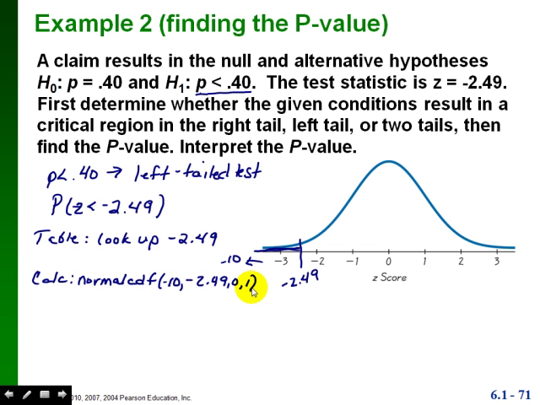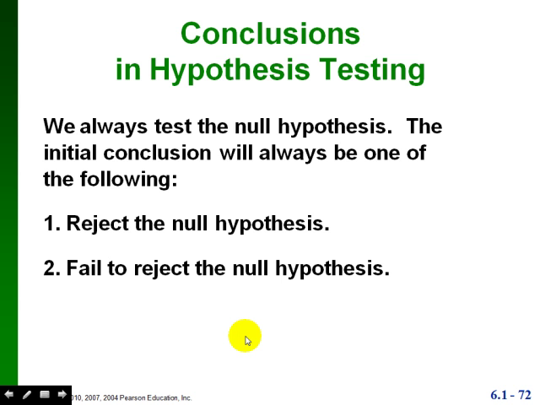So if we put in the negative 10, the negative 2.49, from the calculator you're going to get 0.0064 if we round it to 4 decimal places. Now since this was a left-tailed test, this is our p-value. We don't have to multiply by 2. That's only with a two-tailed test. So we could say our p-value is 0.0064.